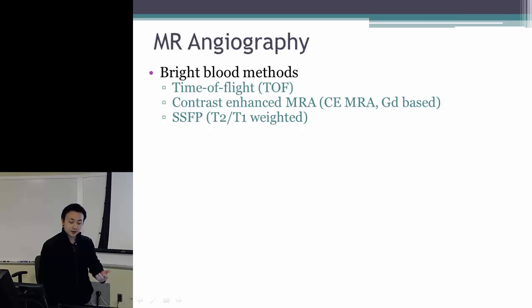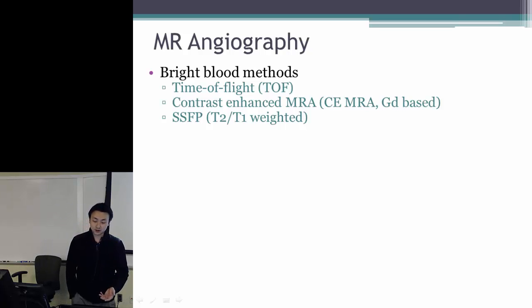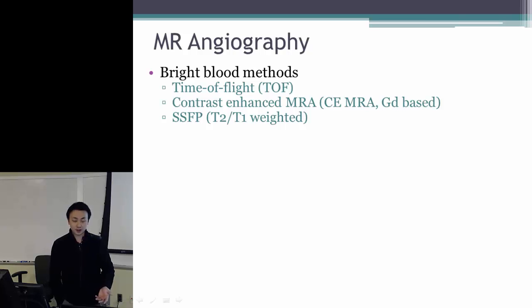So any technique that is used to give you the information about the arteries in your body is called MR angiography.